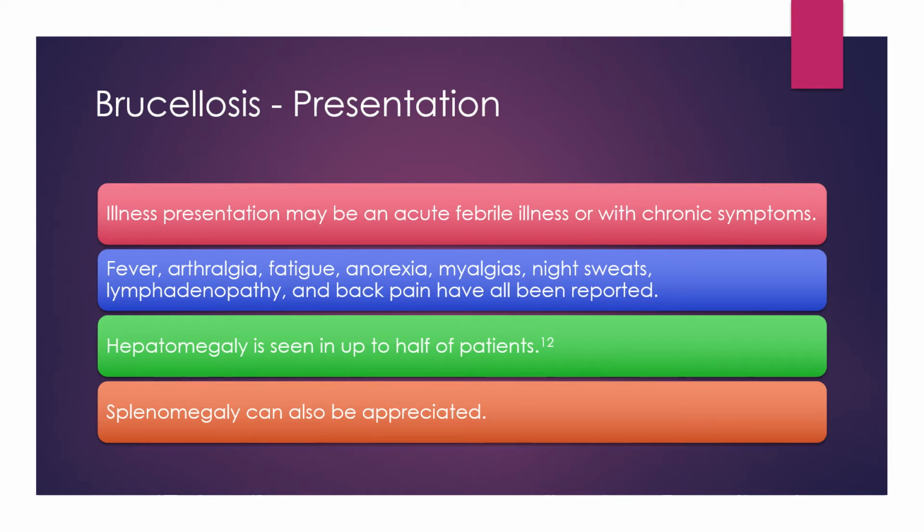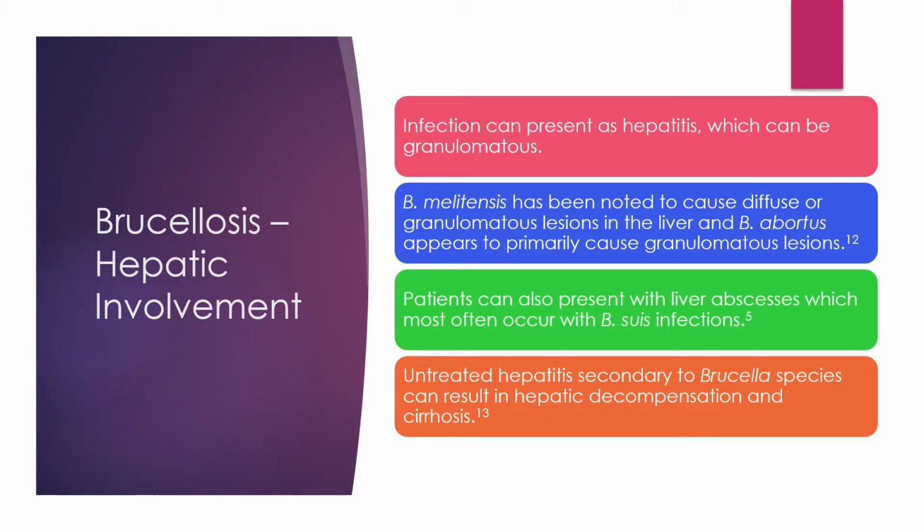Of note, hepatomegaly can be appreciated in up to half of patients. Splenomegaly can also at times be seen. And when the liver is involved, patients can present with a hepatitis type presentation, typically a granulomatous hepatitis. And of note, Brucella melitensis can have a diffuse or granulomatous presentation in the liver, while Brucella abortus does appear to be predominantly granulomatous.